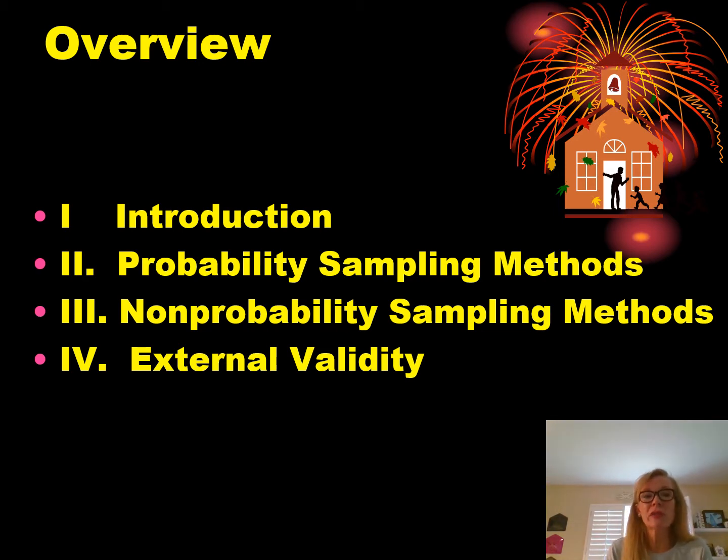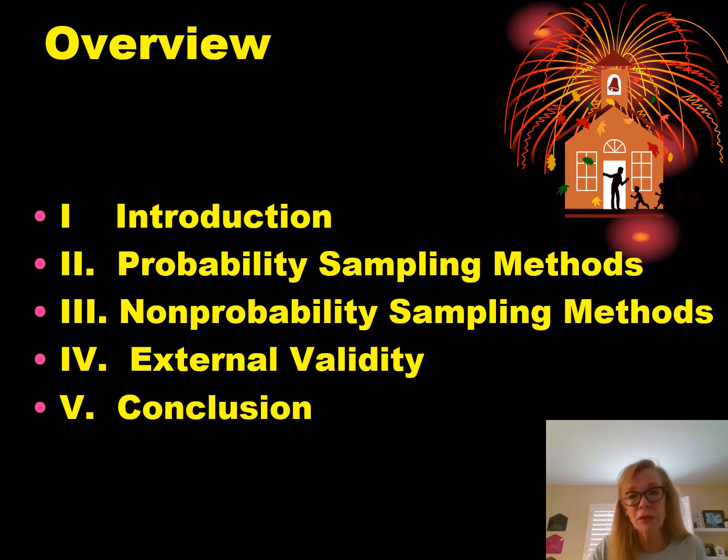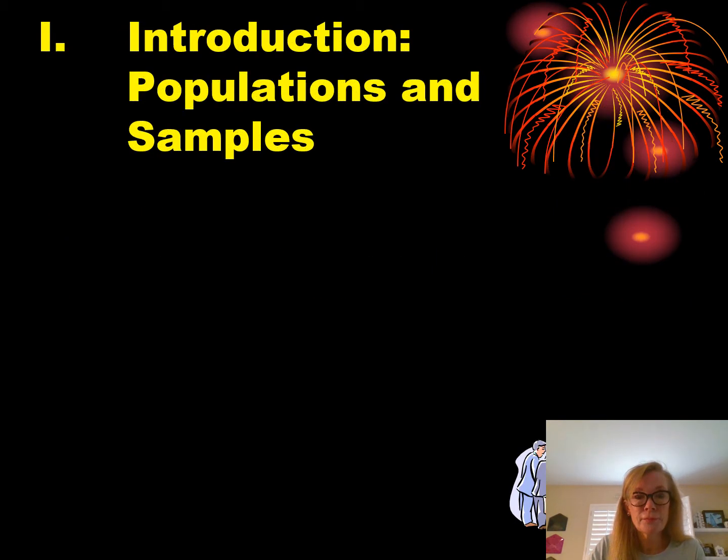So external validity is going to be talking about the truth value of your research design and your research findings. Keep in mind that you're going to see that term validity over and over again, but that it has slightly different meanings and appears in different contexts. And then conclusion.